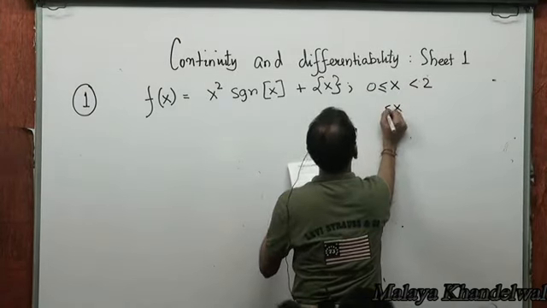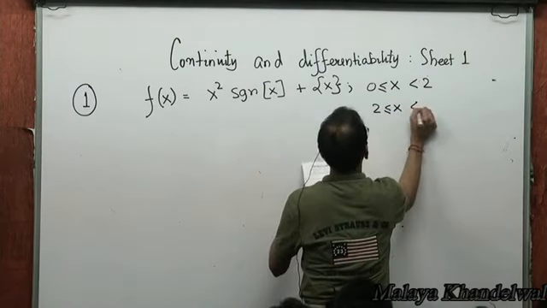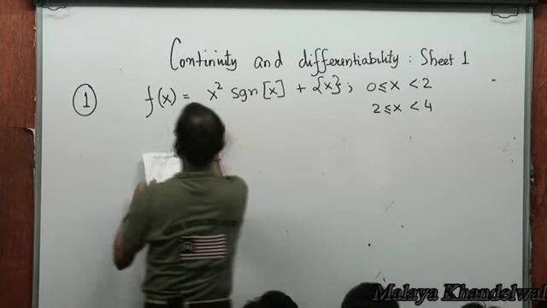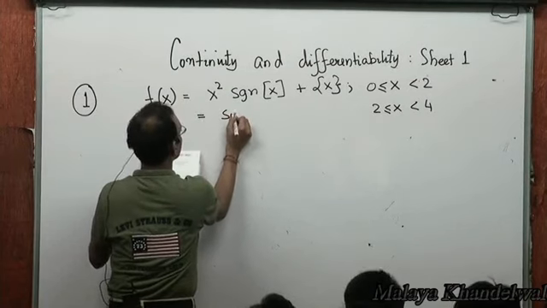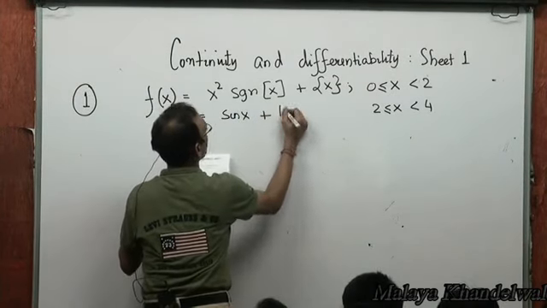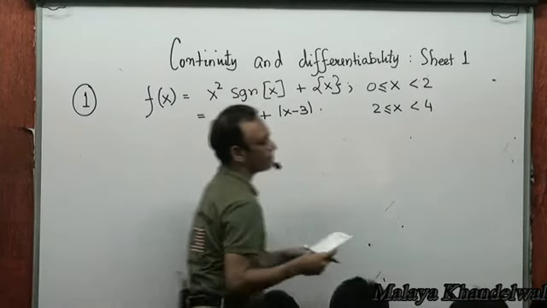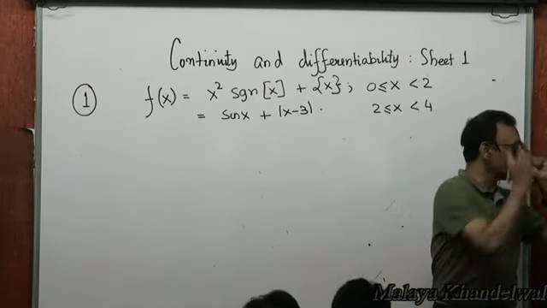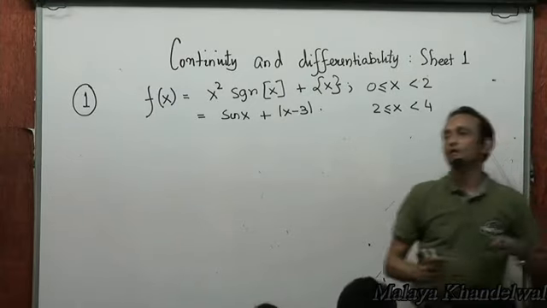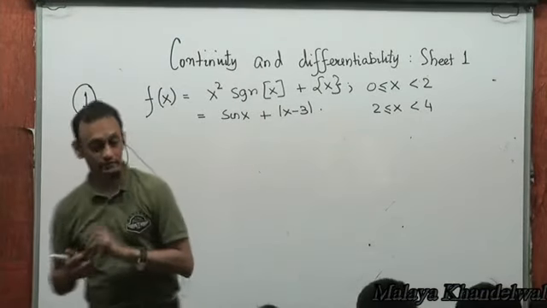For x greater than or equal to 2 but less than 4, it goes like sin x plus mod of x minus 3. We want to discuss this function for continuity and differentiability at points where there is a change of behavior. All right.